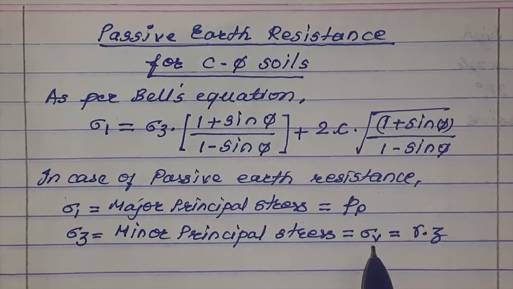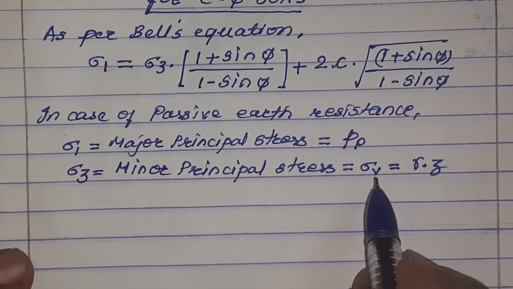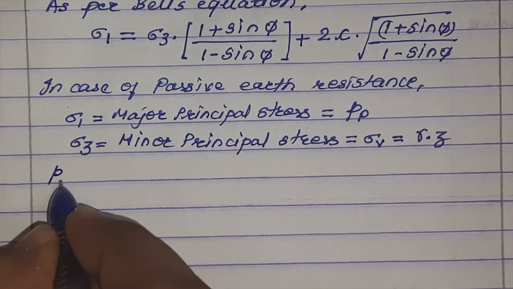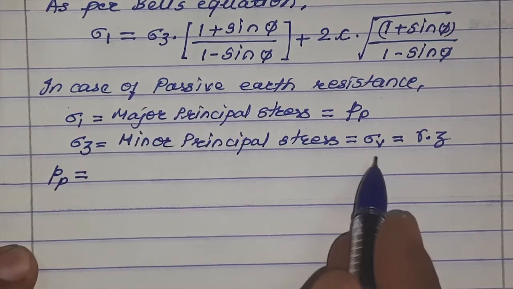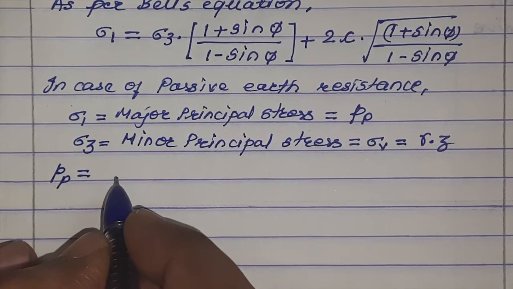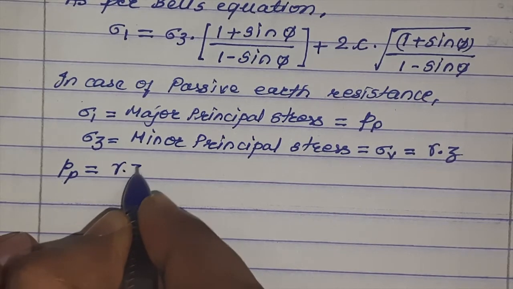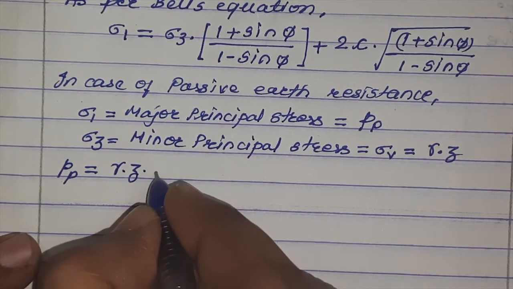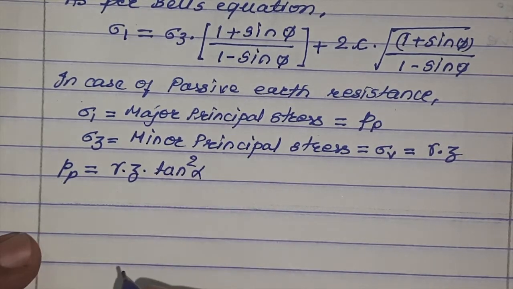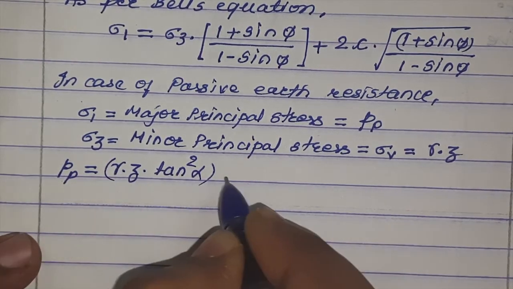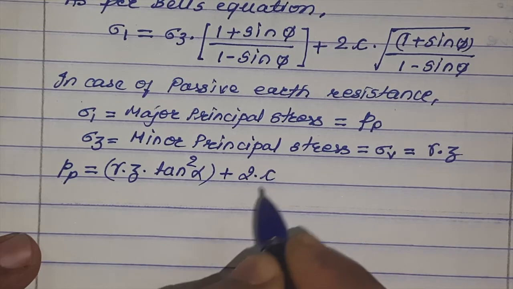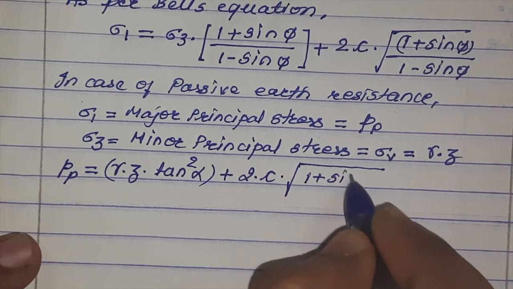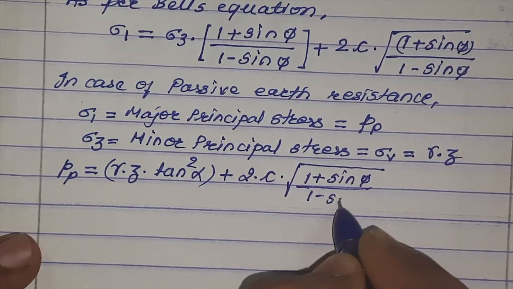So according to this, if we replace the terms, then the equation would become: sigma 1 will be replaced by Pp, hence Pp is equal to gamma Z multiplied by, now 1 plus sin phi upon 1 minus sin phi is tan square alpha, plus 2 times C, that is cohesion, multiplied by under root of 1 plus sin phi upon 1 minus sin phi.